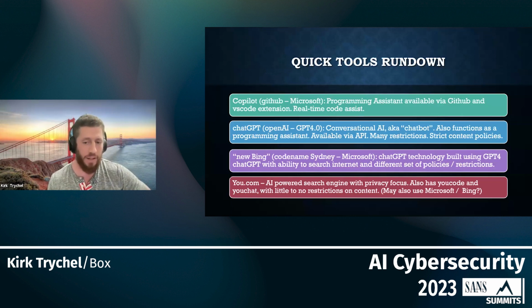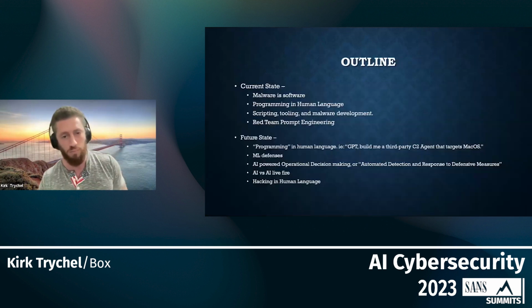A note about Bing here, it's using GPT-4, and You.com is actually, I believe, using the OpenAI API. So a lot of these different platforms maybe are using the same or similar models, but just use whatever works for you really. But these are some ideas to get you started based on my research.